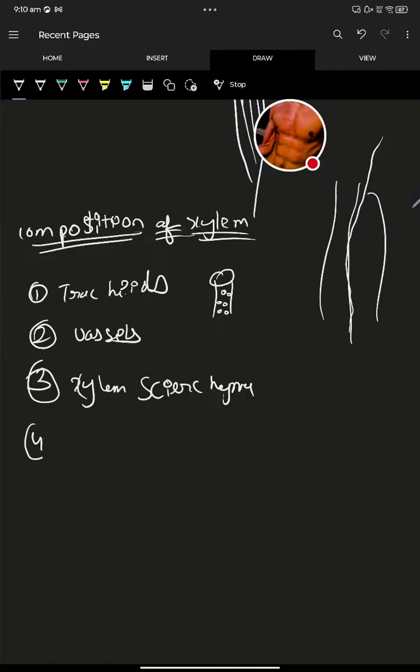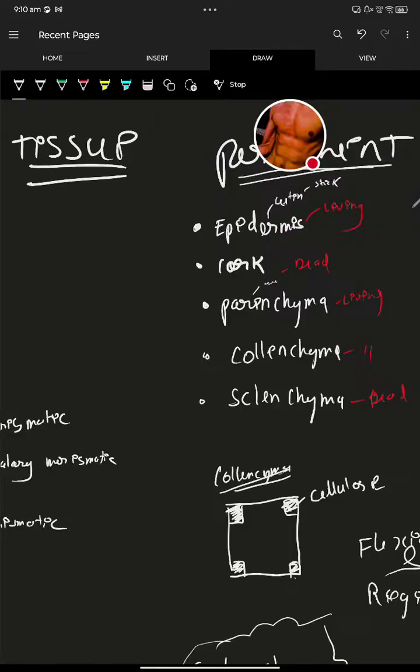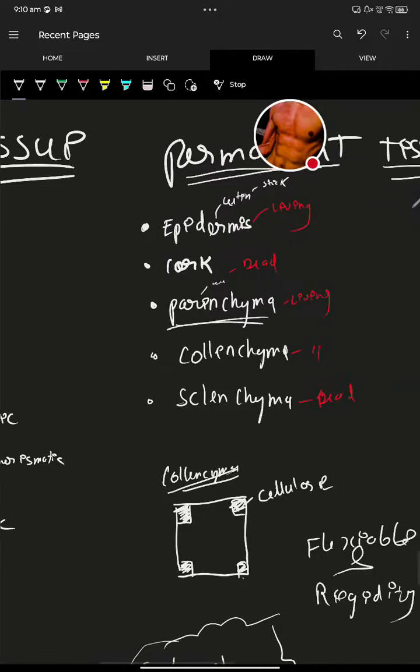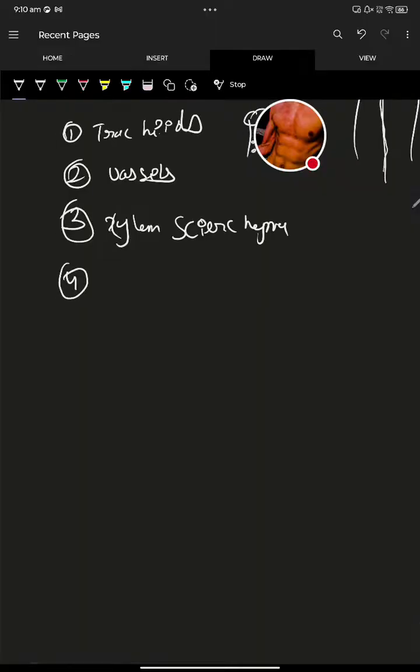Then the one which is alive is xylem parenchyma, similar to this. The parenchyma which provides cellulose, then amyloplast and all that.